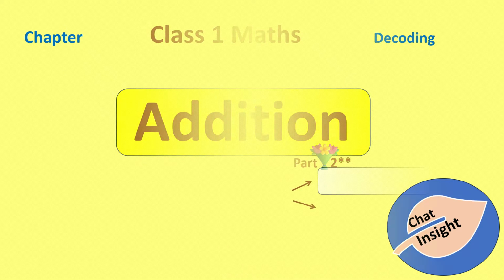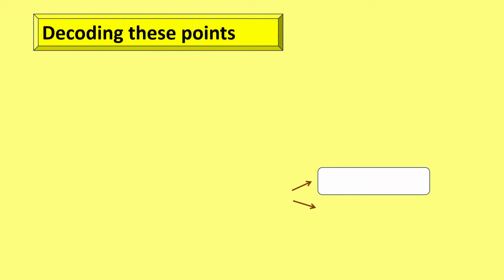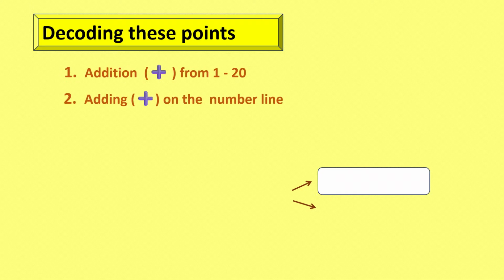In this session I'm decoding these points. First one is addition from 1 to 20, and adding on the number line, adding by counting forward. These three points are already done on the channel, so if you want, then check it out.